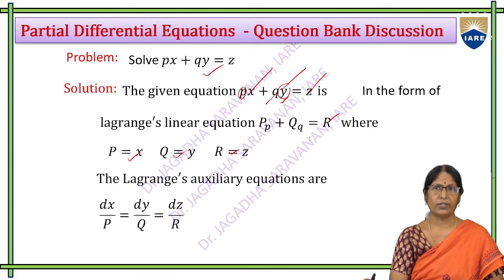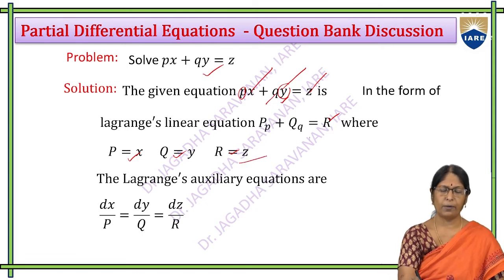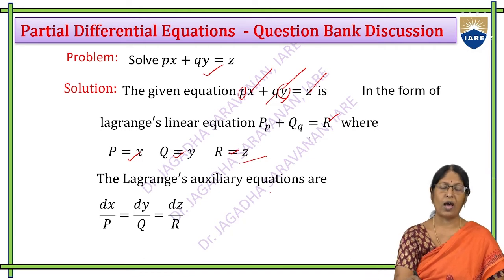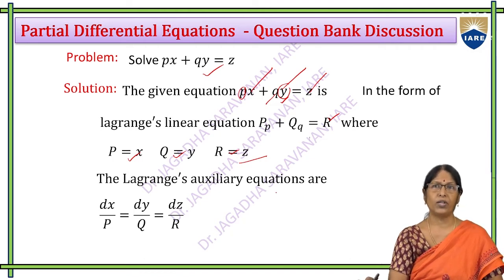For Lagrange's auxiliary equations, the first step is to check whether the given question satisfies the Lagrange's linear equation format or not. Once the format is satisfied, then we move to Lagrange's auxiliary equations.